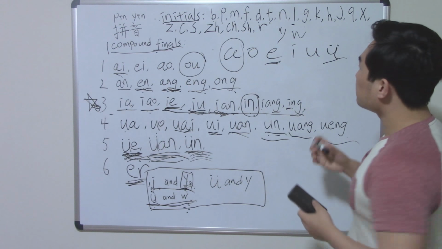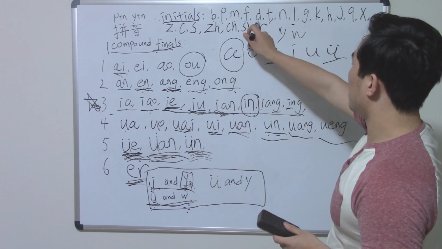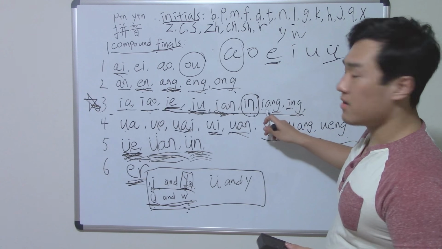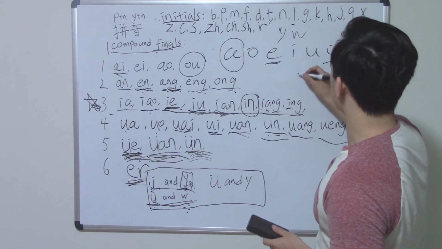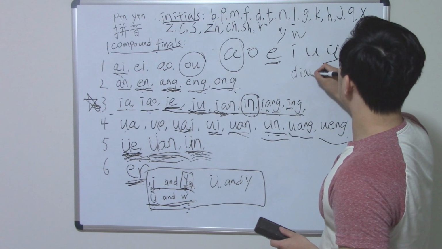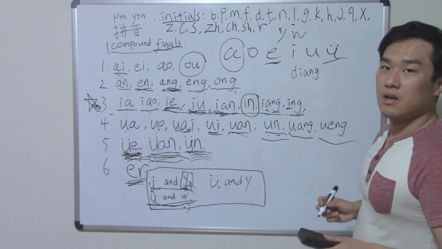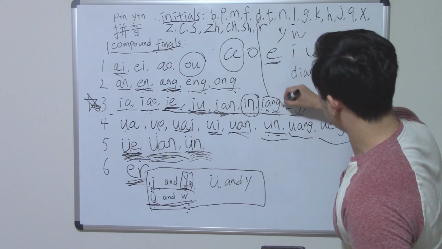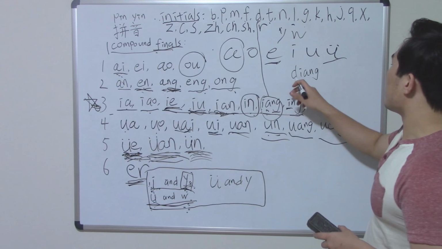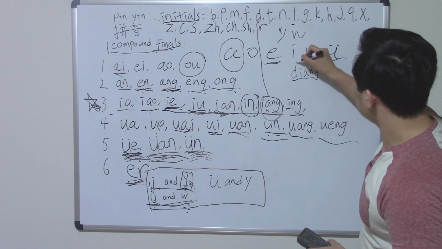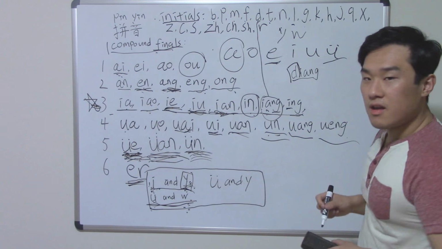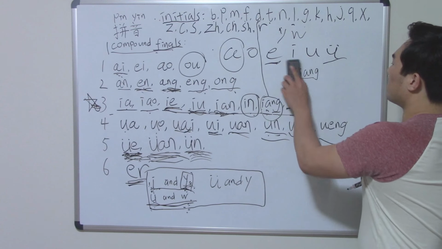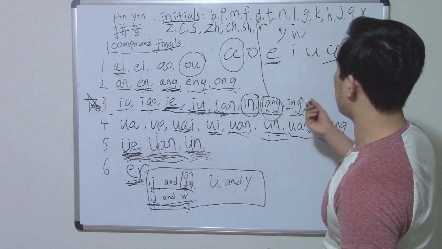So what does that mean? For example, use it here. Okay, dian. So you can write the I an, right, dian. Okay, so we add these two. Choose this one here. Okay, we add in the initial, right, and then we add this compound final, and then boom, there's a pinyin here, dian, right?